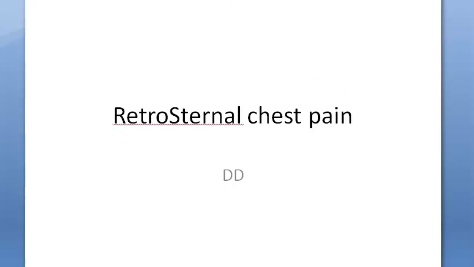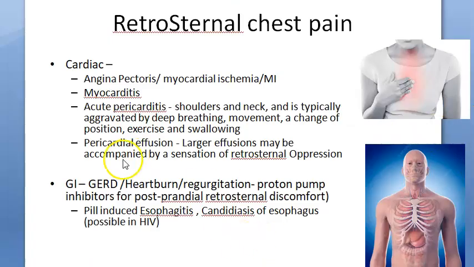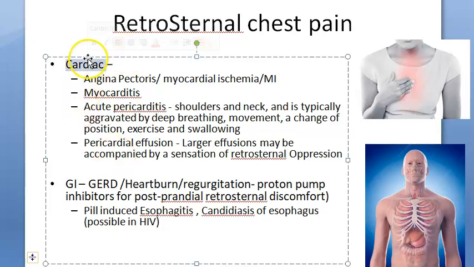So let's start off with the most suspected cause based on the symptoms presenting, let us say cardiac itself first: angina pectoris, that is the describing the pain, discomfort, myocardial ischemia. The ischemia then will become infarction, MI, myocardial infarction, right? Myocarditis or pericarditis, that is the layers of the heart.